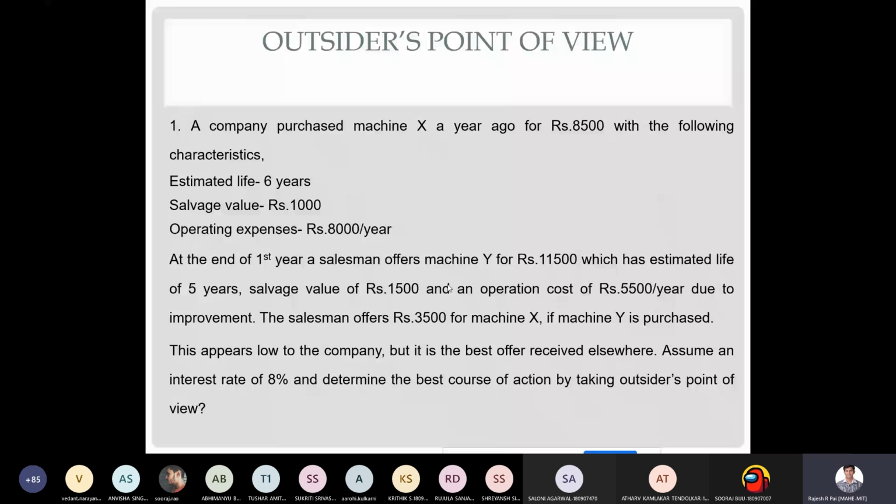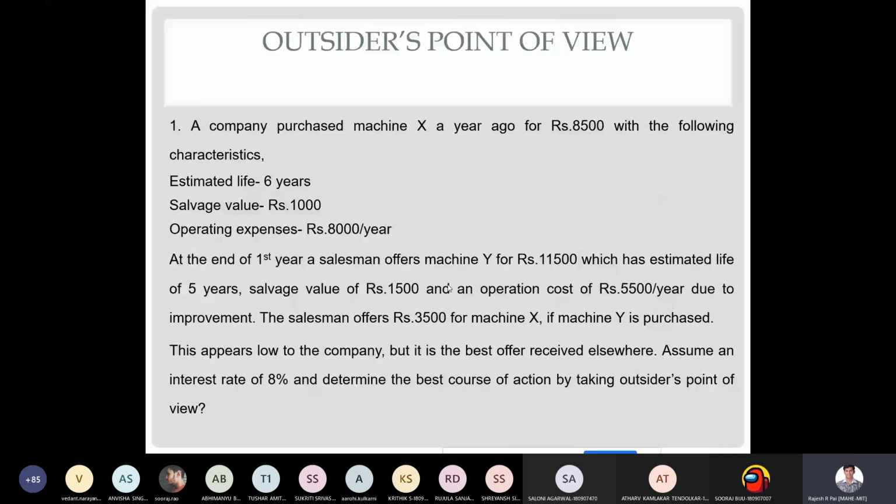This appears low to the company, but it is the best offer received elsewhere. Considering the other market, that is the best offer given by the salesman.